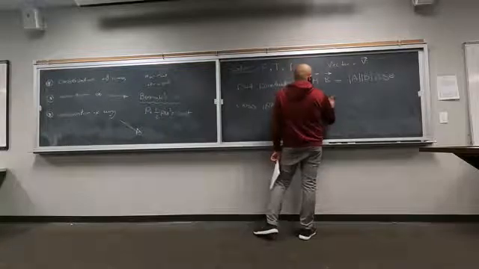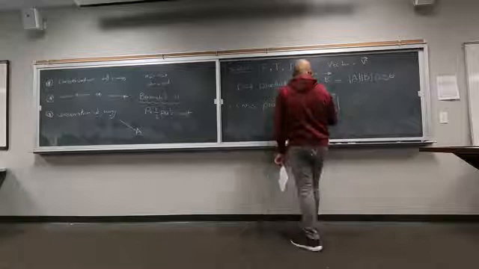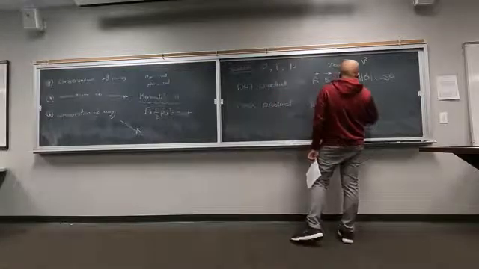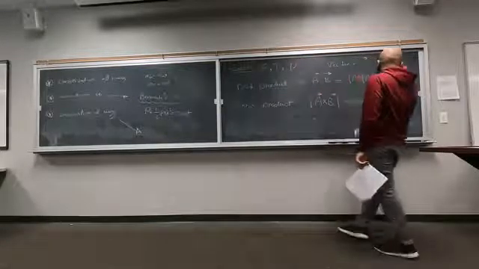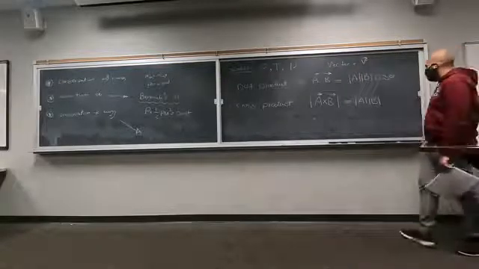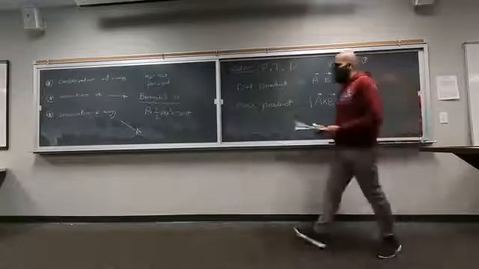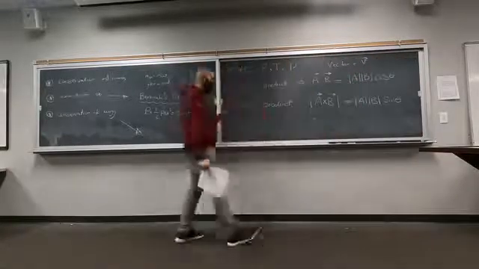But the cross product is always going to give you a vector. We can find the magnitude of this vector as the multiplication of the magnitude of the two vectors multiplied by the sine of theta.